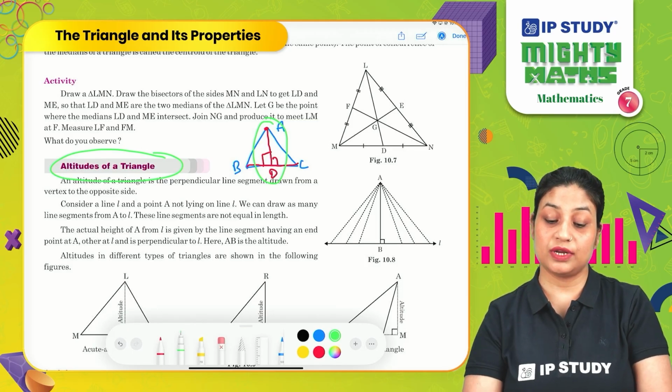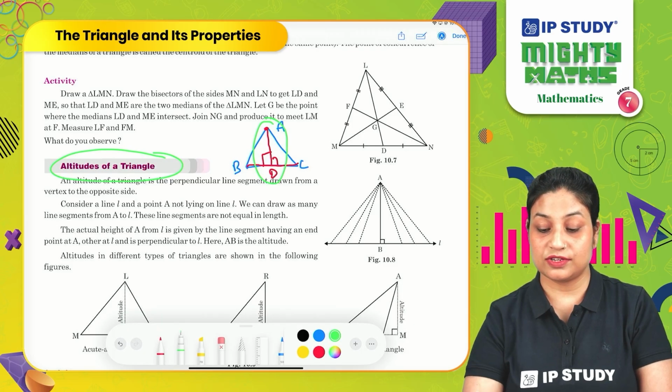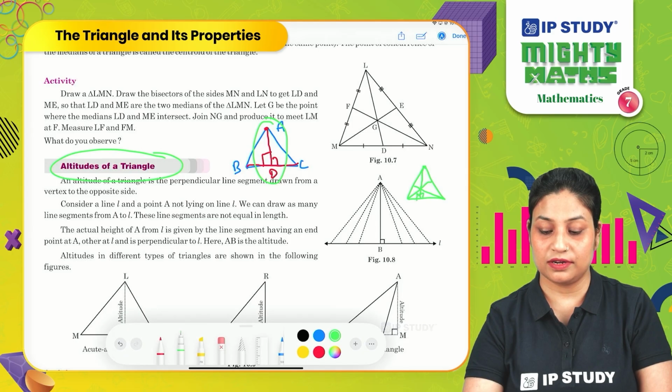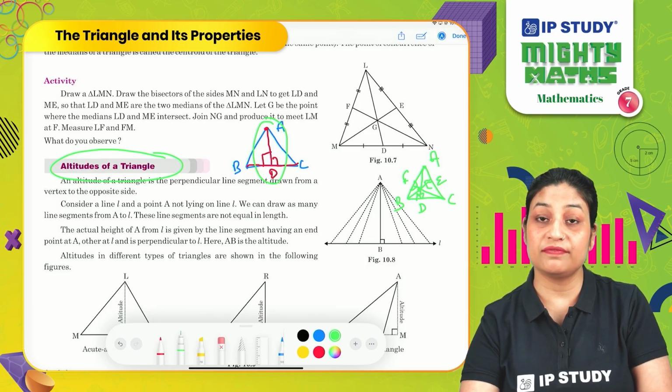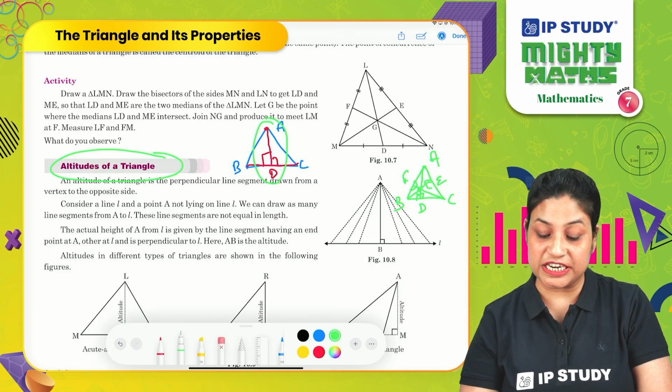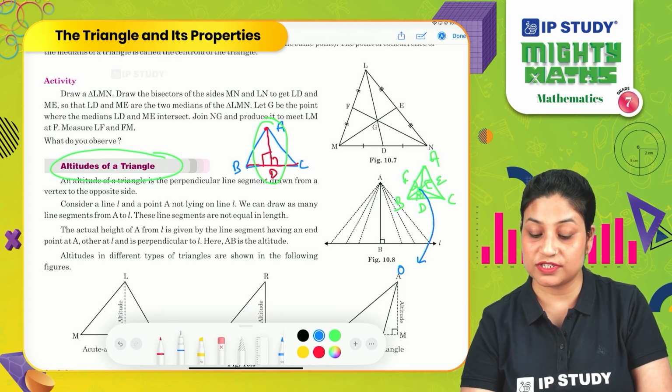Now since we have 3 vertices in a triangle, we can have 3 altitudes in a triangle. So I can redraw it like this. Perpendicular, perpendicular, and here also we have one more perpendicular. Right? So the point where the 3 altitudes meet, we call this point the orthocenter.